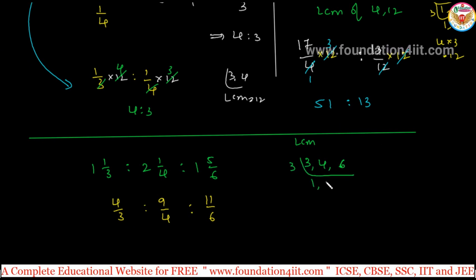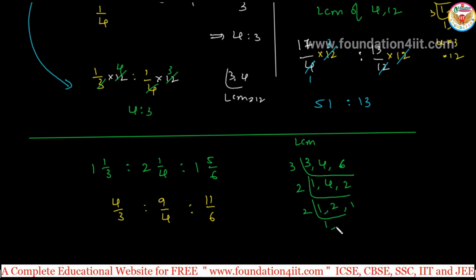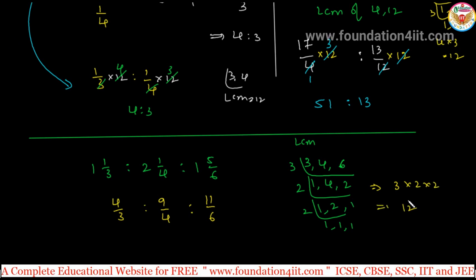3 table 1, 4 is 2 into 2, 2 table, 2 fours, 1, again 2. You already know the LCM method that you can apply. Now for this, LCM is 3 into 2 into 2, 3 sixes are 6, 6 twos are 12. Yes, so we got 12. Then take every fraction and just multiply with 12.